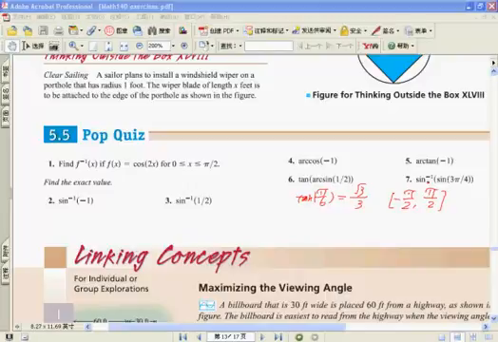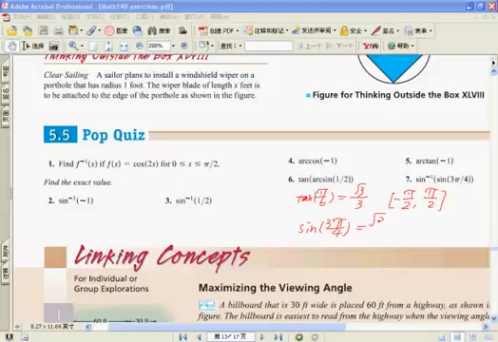So to get the value, first you evaluate the sine of 3 pi over 4. What is the sine of 3 pi over 4? Yeah, positive of what?